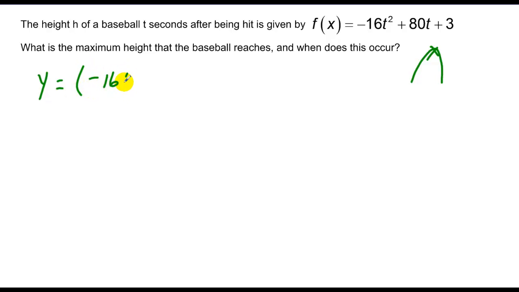Isolate variable terms once again. Get a coefficient of 1 by factoring the negative 16 out.